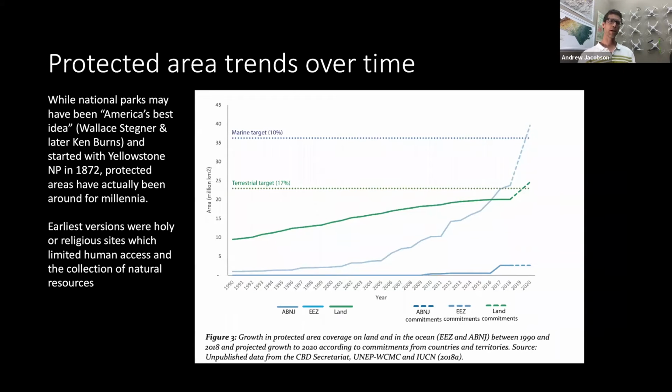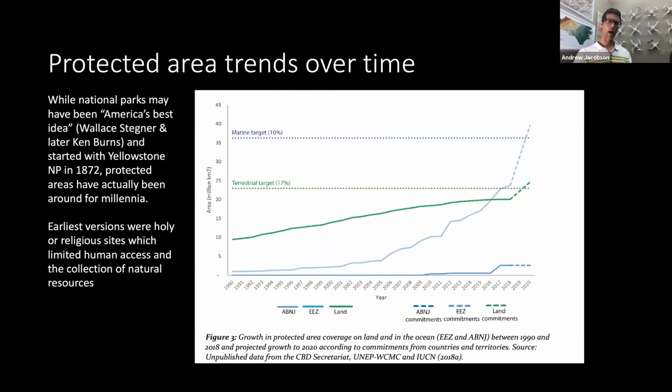As protected areas have become understood to have substantial benefit in reducing threats to species and protecting threatened ecosystems, and concurrently as the destruction of the natural environment has continued, this idea has become popular and spread across the world. Within the last few decades, the increase in protected areas has been quite rapid, and it's expanded to include marine protected areas as well.